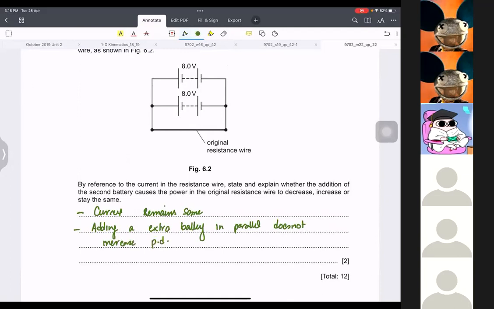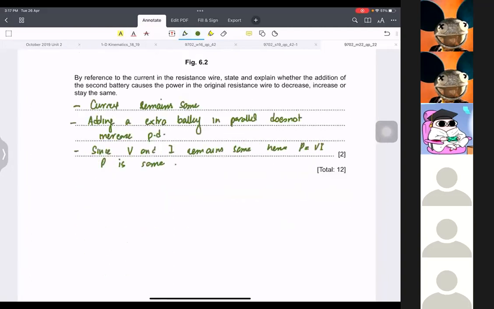You should always remember that. Since voltage and current remain the same, hence according to power equals VI, power is the same. So your reasoning should make sense, please. Make sure you always write cohesive, comprehensible answers.